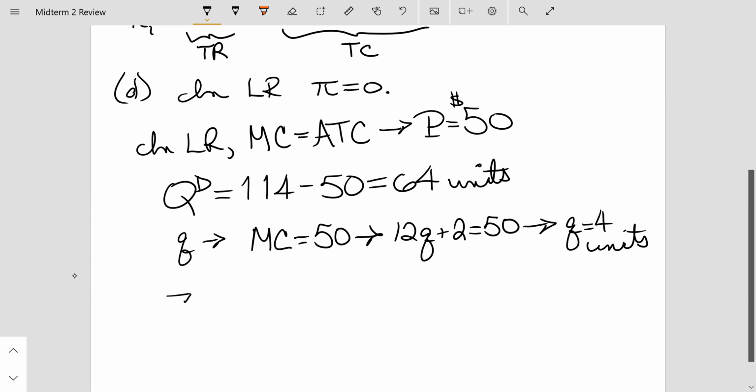So then in the long run, since there is total of 64 units and each firm is producing 4, there has to be 16 firms.